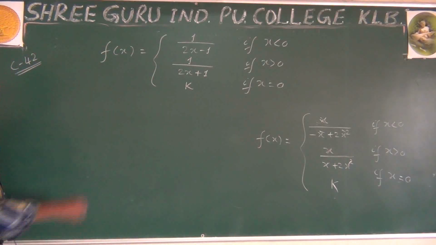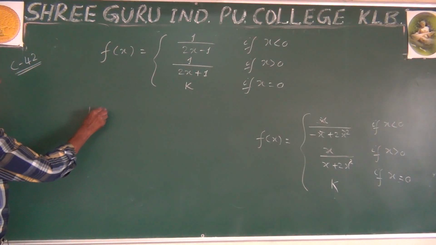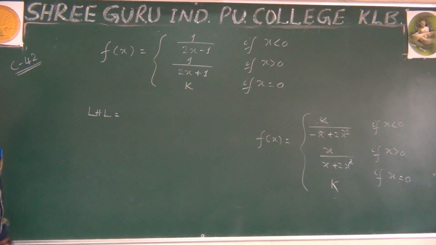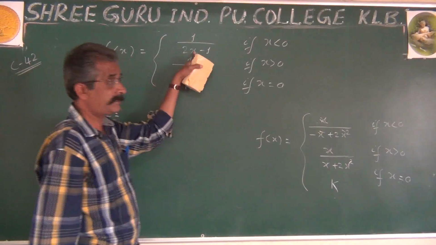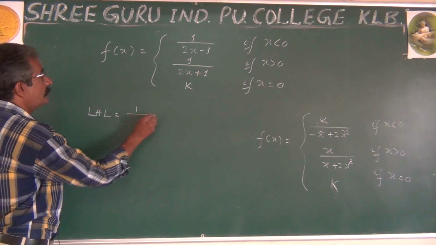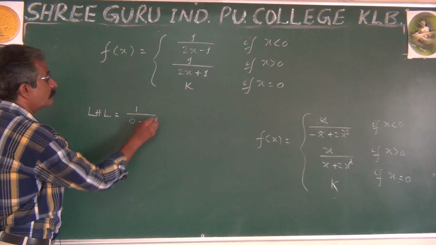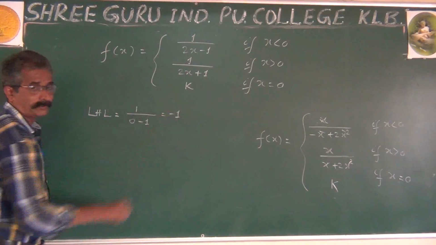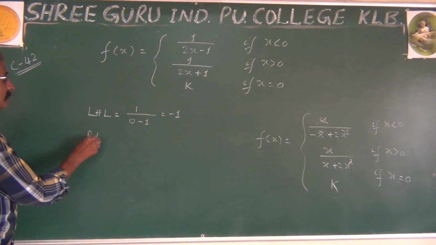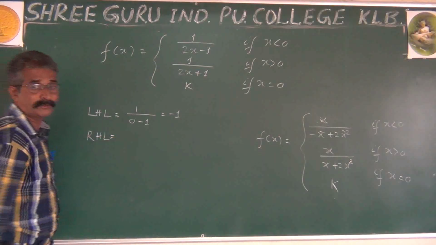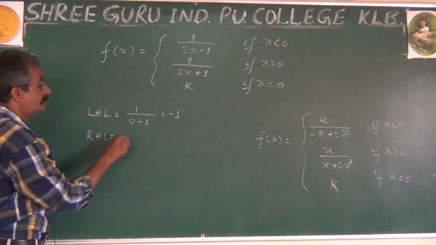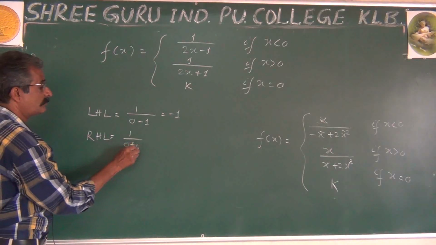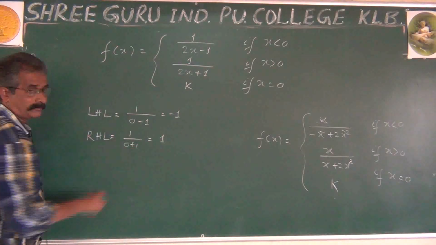We can easily judge from the LHL. For LHL, refer to x less than 0. Replace x by 0. How much do we get? 1 by 0 minus 1, that is minus 1. For RHL, refer to x positive. Replace x by 0: 1 by 0 plus 1, that is plus 1.